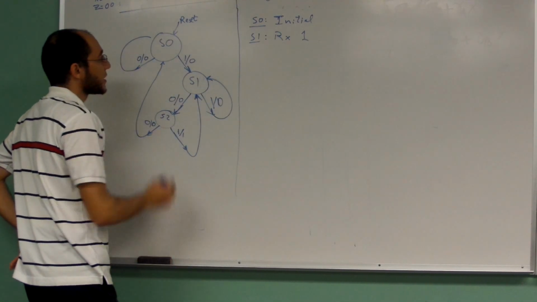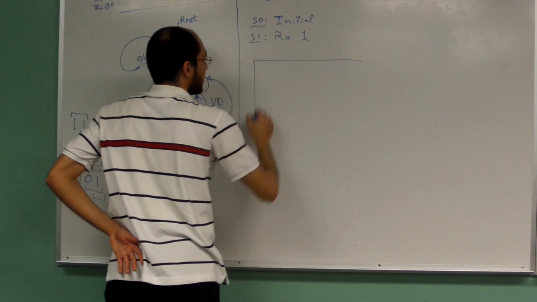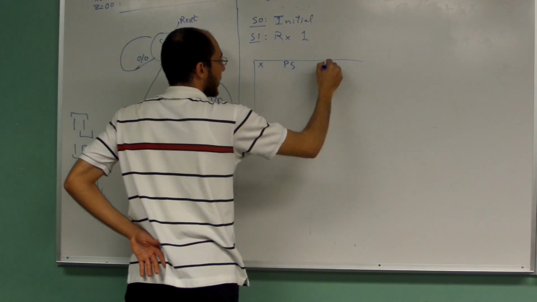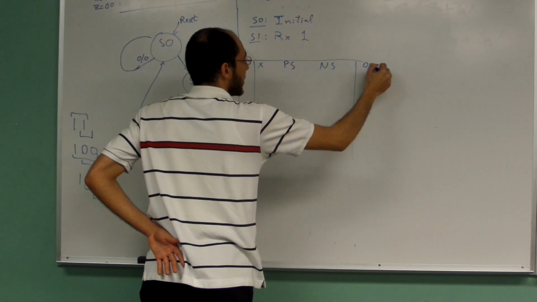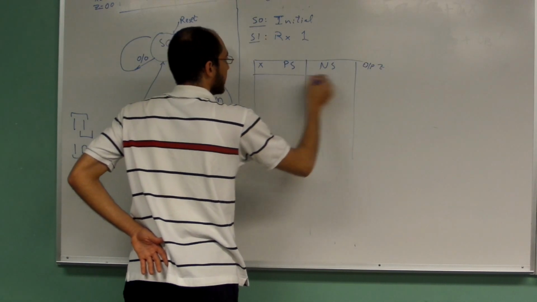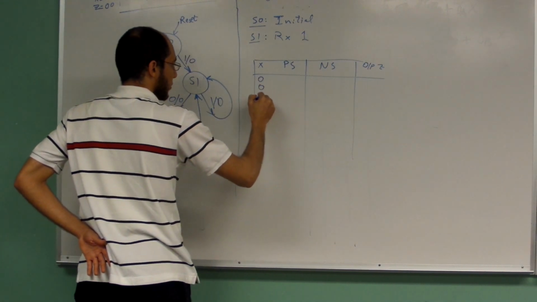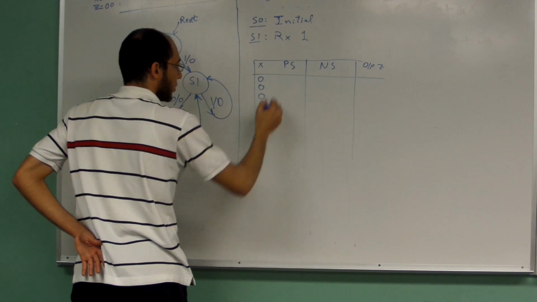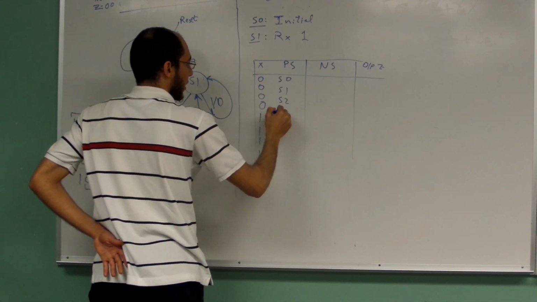Okay? Let's map this to the transition table. X, present state, next state, and then the output, Z. Okay? 0, 0, 0, 0, 1, 1, 1, 1, S0, S1, S2, S3.